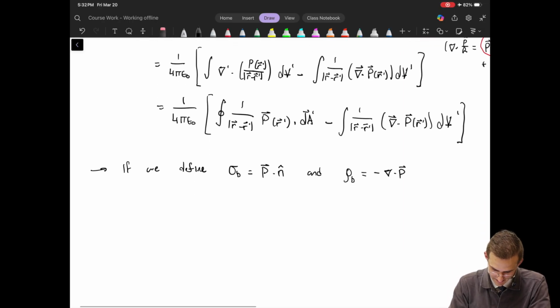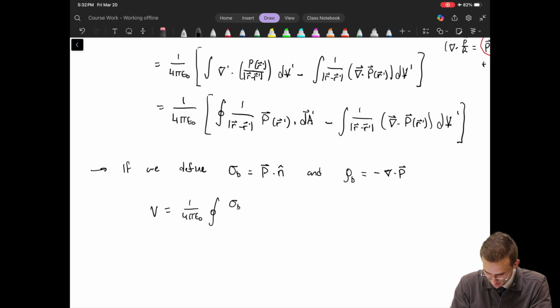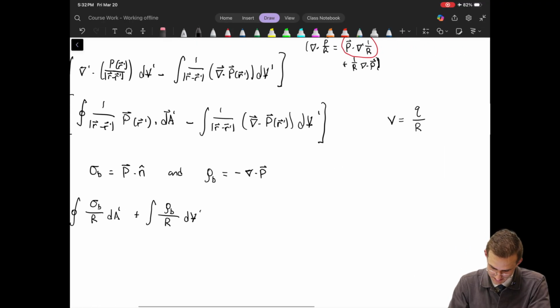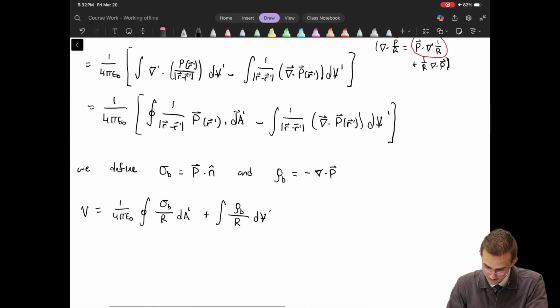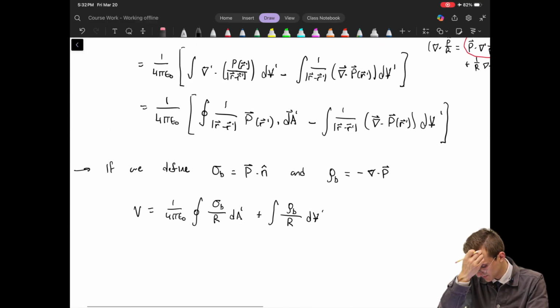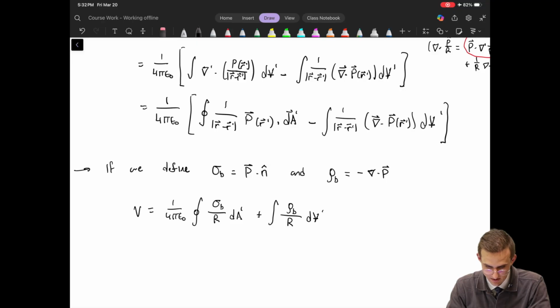So then your V all of a sudden becomes just 1 over 4 pi epsilon naught, and you just get this surface integral of sigma b over R dA prime plus this volume integral of rho b over R times dV prime. So now it looks like you're just summing up charges from a surface and volume charge density.